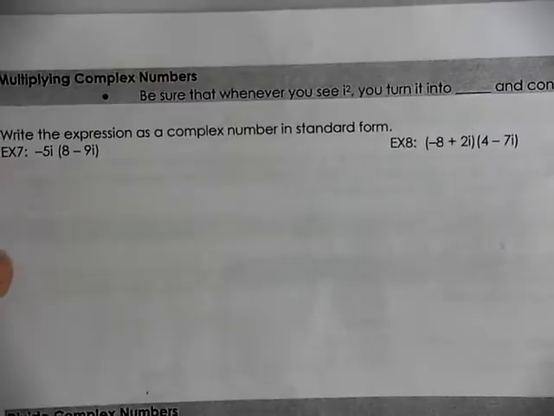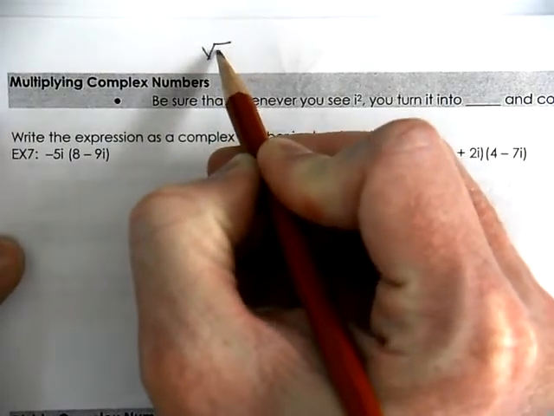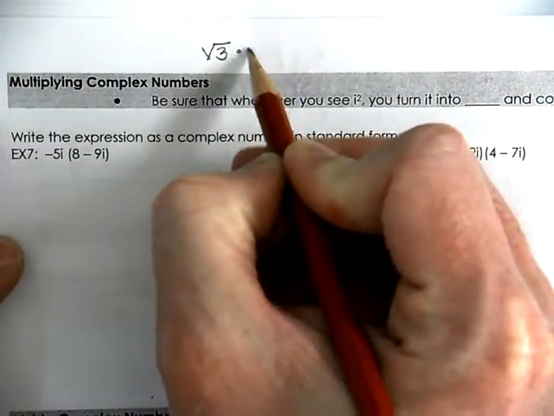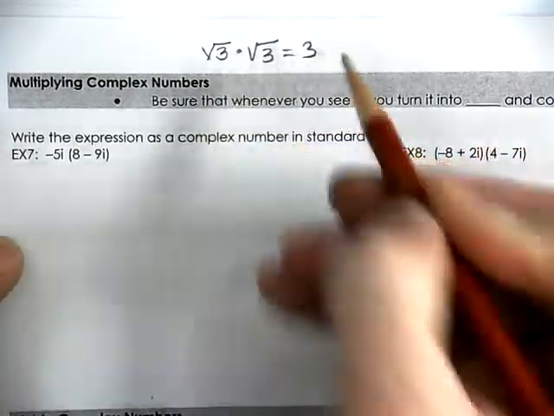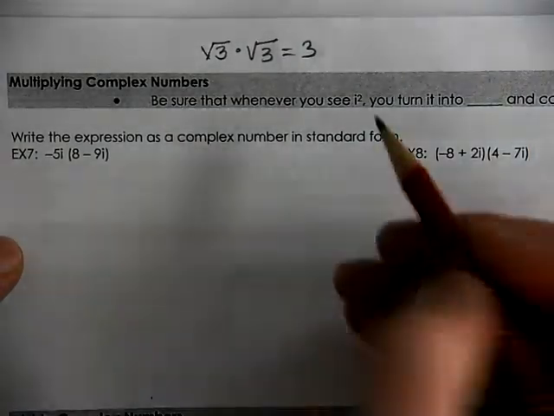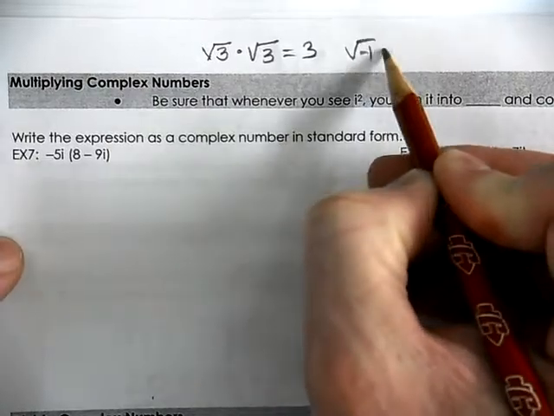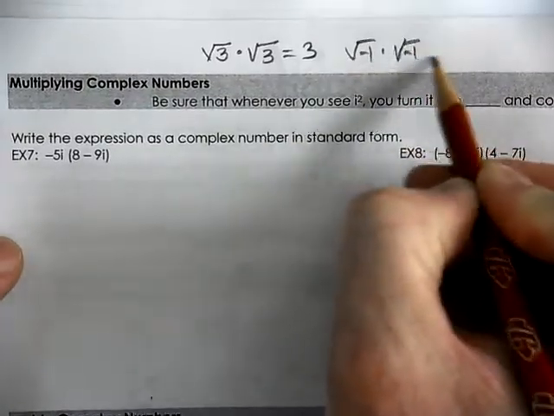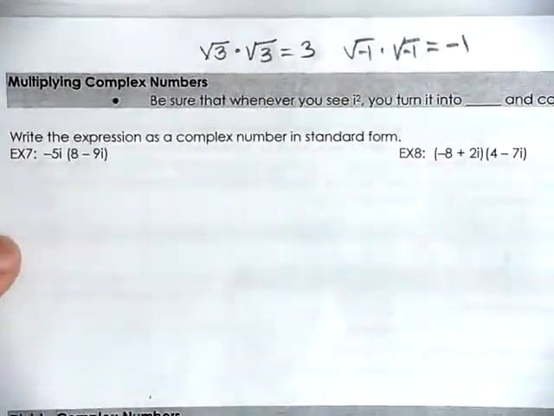All right, we know, as we discussed earlier, that the square root of 3 times the square root of 3 gives us 3. Well, in the same case, if we have the square root of -1 times the square root of -1, that should give us the value that's inside, which is -1.